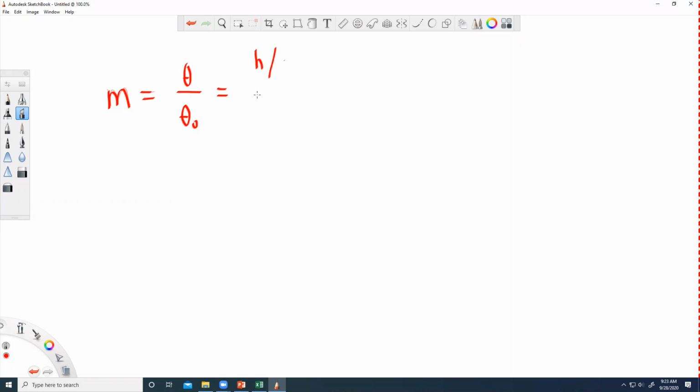And theta naught is h over 25, is that right? So that means M is, we can cancel h and h. This 25 will go on the top, do the math, 25 over f, 25 centimeter over f. So that gives us the magnification of a magnifying glass.